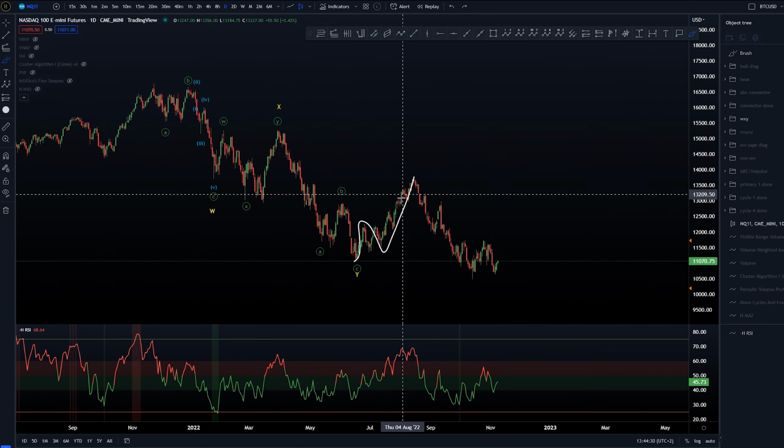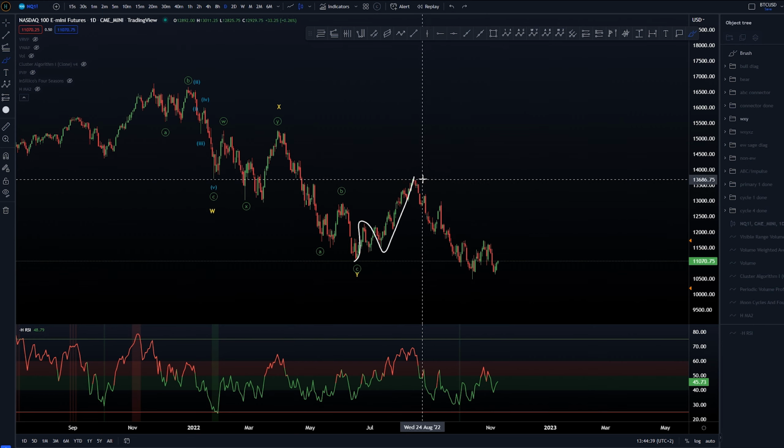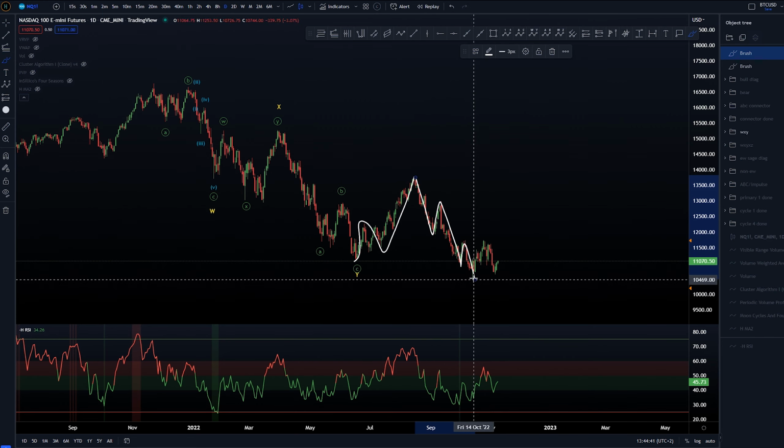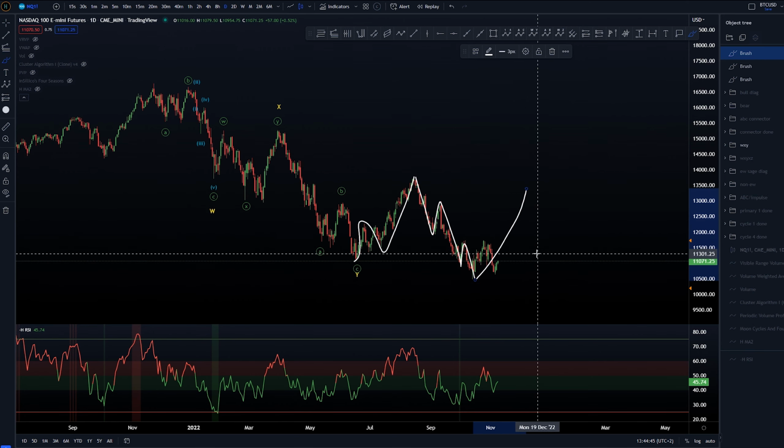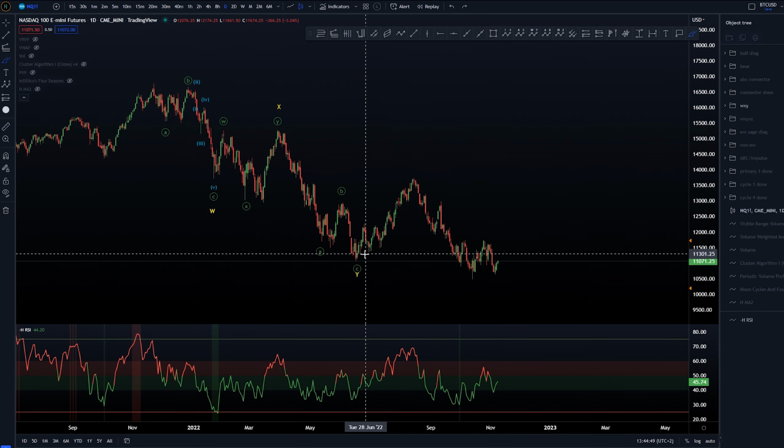The other option is that this three-wave structure here is the first structure of that larger three-wave structure, and instead of this being a five-wave structure downwards, this would be a WXYZ, and then we would be creating another leg upwards here. So both of them are still possible.